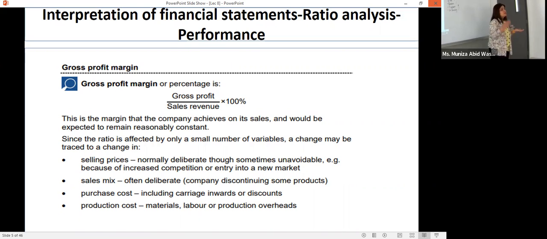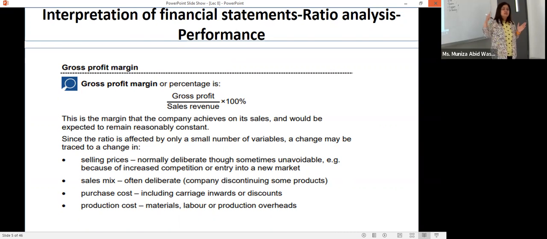So if the organization is not having proper control over its direct expenses and they are increasing on a year-on-year basis, gross profit will start declining. And when the gross profit is going to decline, your gross profit margin is also going to decline. If the proportion of the gross profit to the sales revenue is more, your gross profit margin will be high.